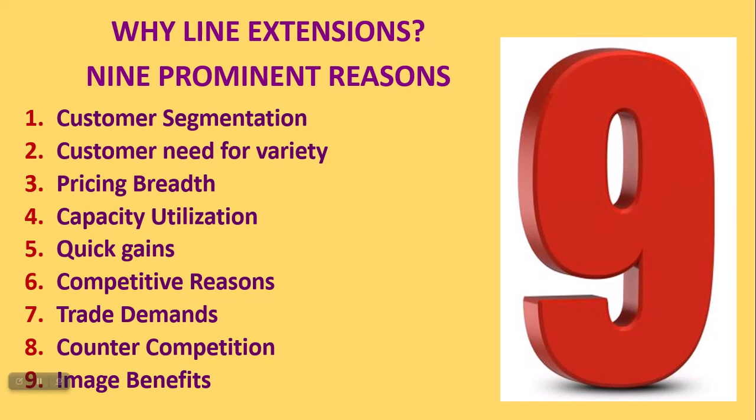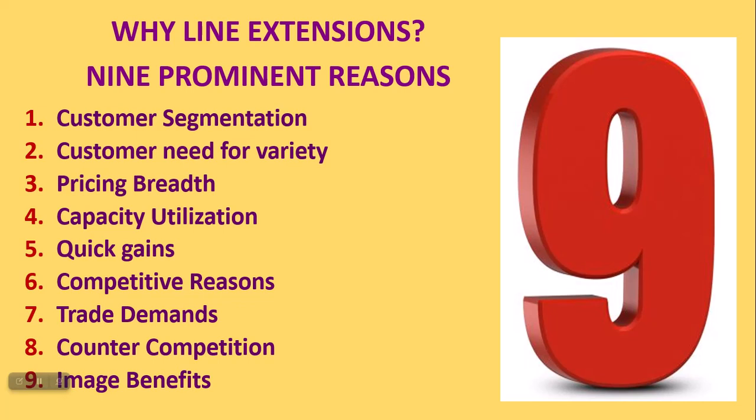Then there is a pricing breadth. I mean, if you offer different presentations, then you can have different price as well, and therefore the sale will be increased, more money will be coming and profitability will increase. Capacity utilization, sometimes the customers, they cannot utilize the whole pack.